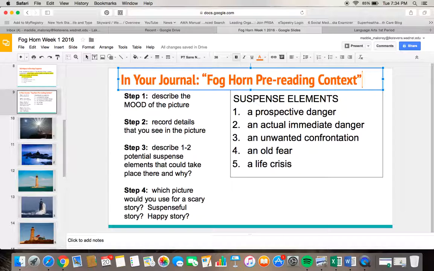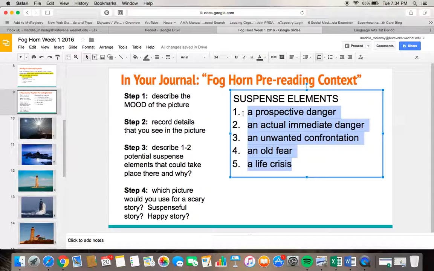Step 3 is to describe 1 to 2 potential suspense elements that could take place there. Okay, so this one might be a little more confusing because I explained it in class and you might be like, what? I don't know what that is. So these are our 5 suspense elements, okay, just more ways that authors can create suspense. There are so many. And these are the ones that we're focusing on for today.